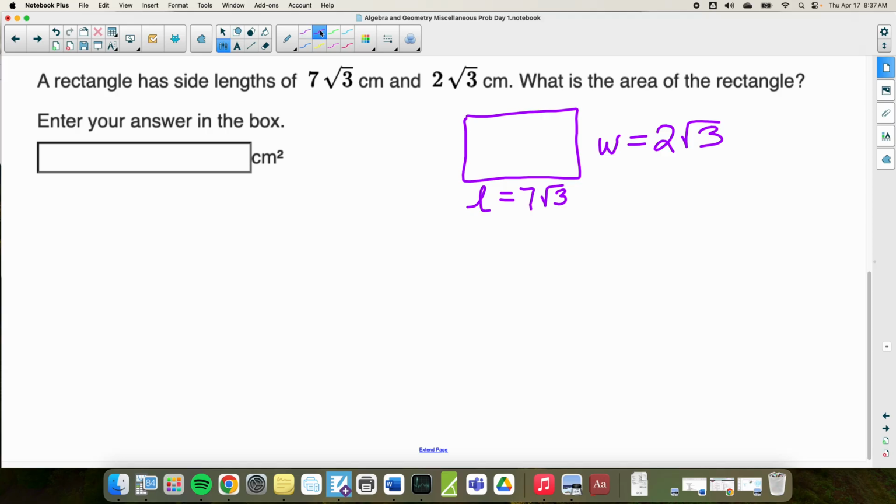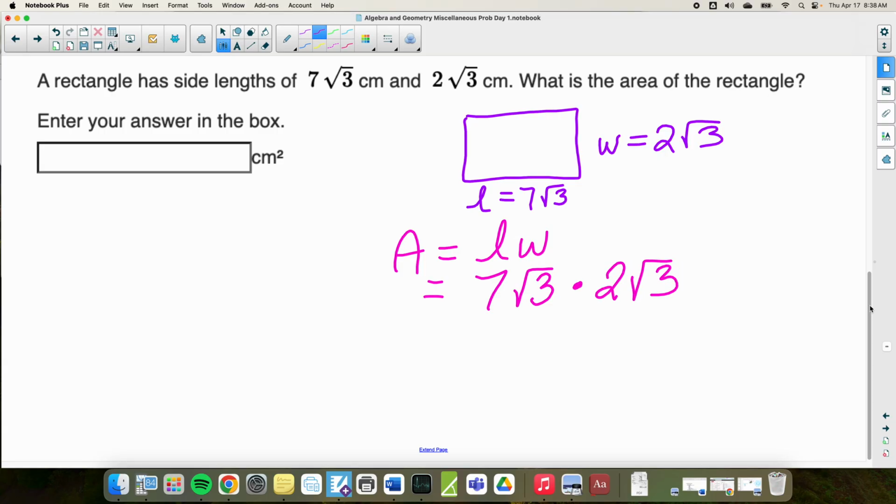When you do the area of a rectangle, you can either think of it as base times height or length times width. Okay, so I would have 7√3 times 2√3.